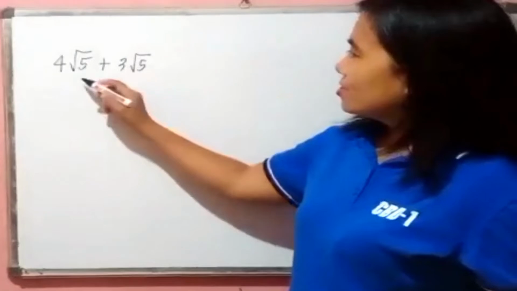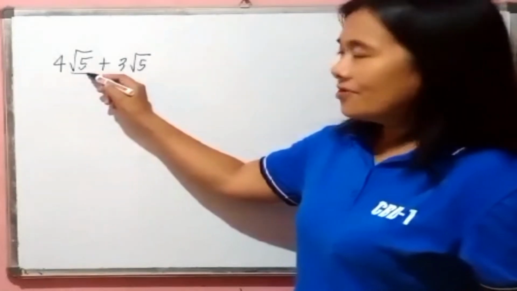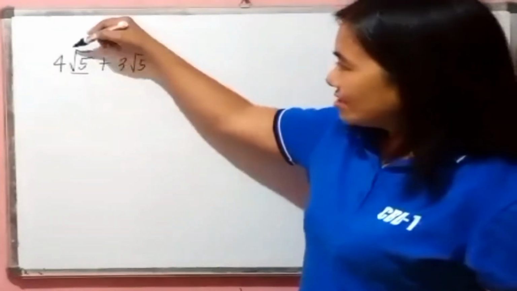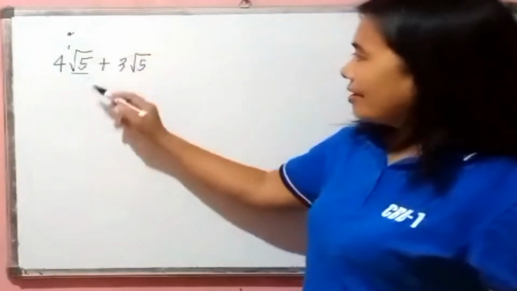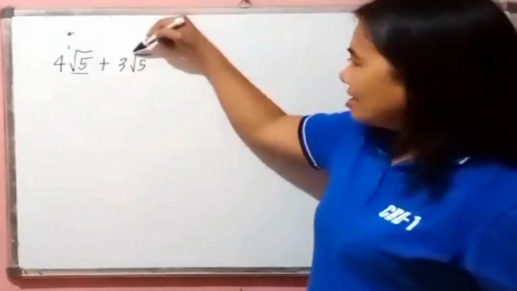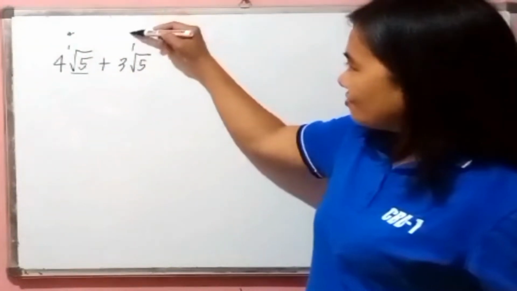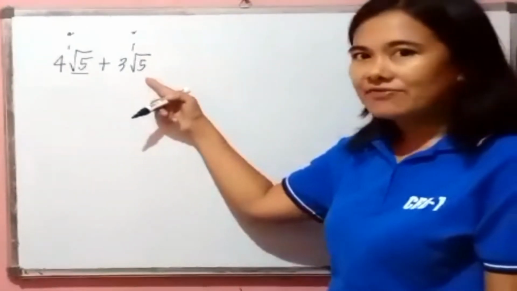Now, since you have here the square root of 5, an index of 2 and a radicand of 5, and here also an index of 2 and a radicand of 5, they are similar.